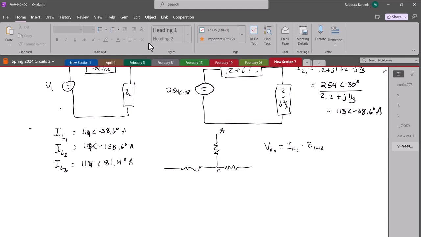now we would use what we just computed, 114 angle negative 38.6 degrees, and Z load we had is 2 minus J2 thirds.